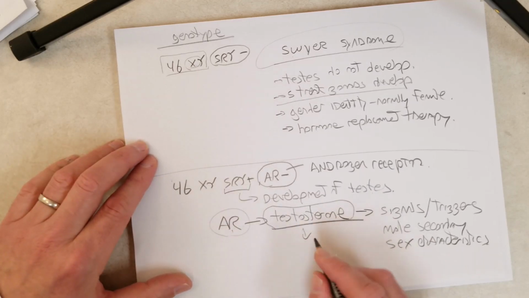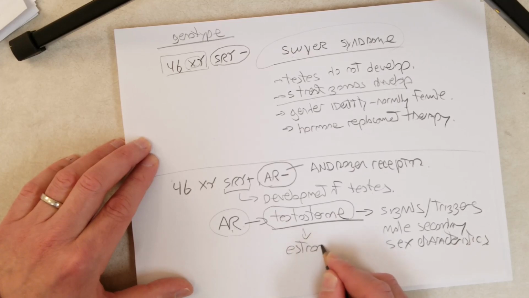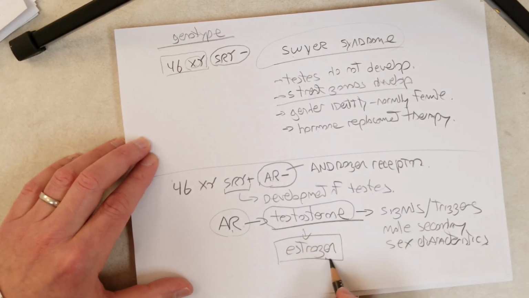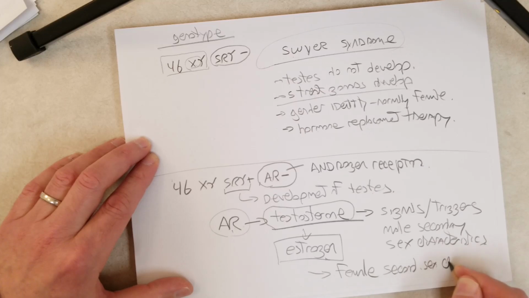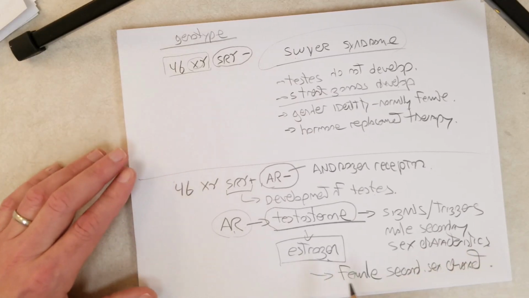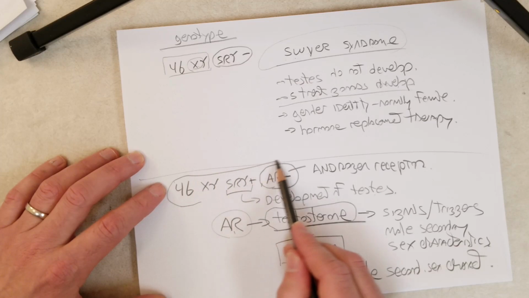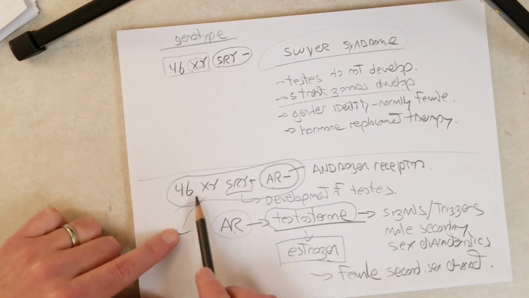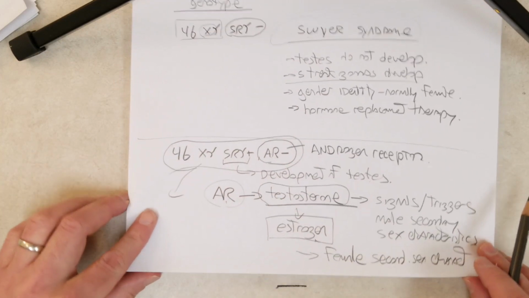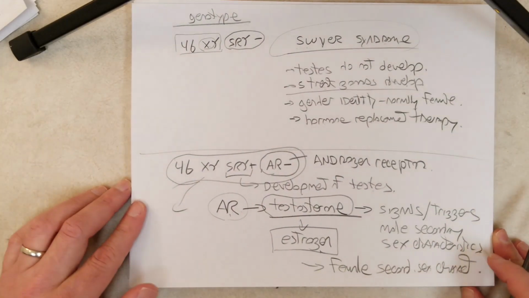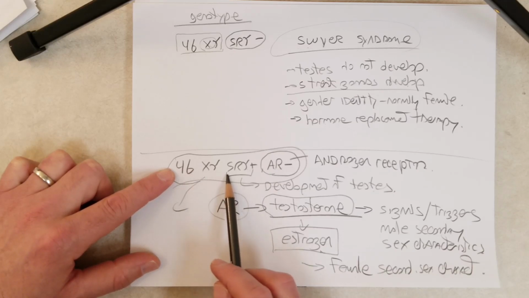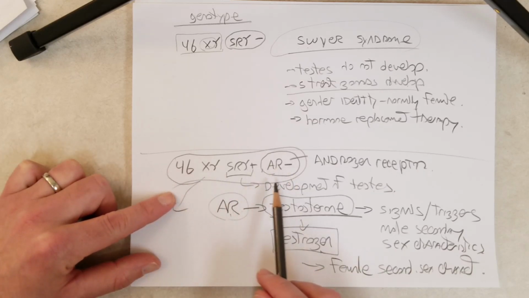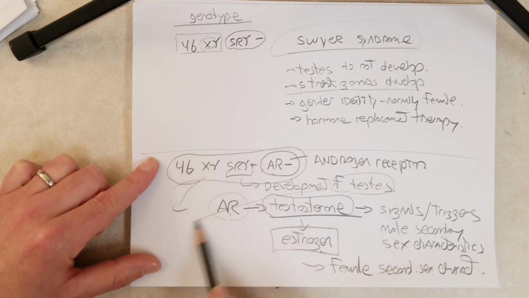So what happens is the testosterone breaks down into estrogen. And the presence of estrogen triggers female secondary sex characteristics. So the phenotype of these individuals is typical of a normal genetic female, except that in place of ovaries, there will be testes present.